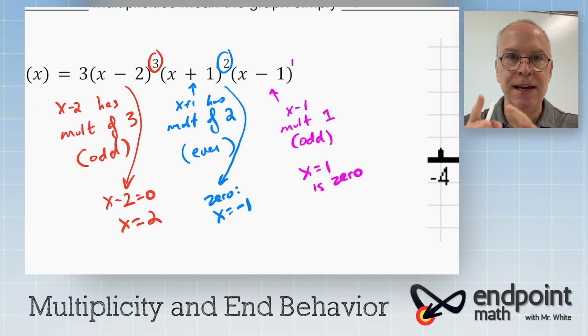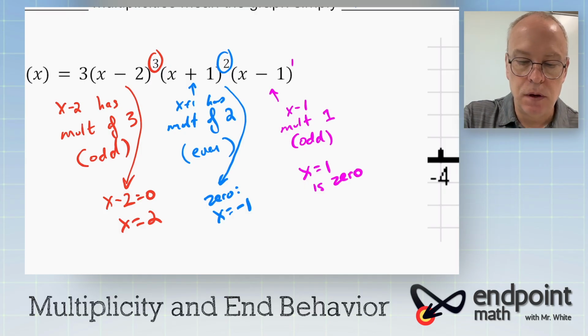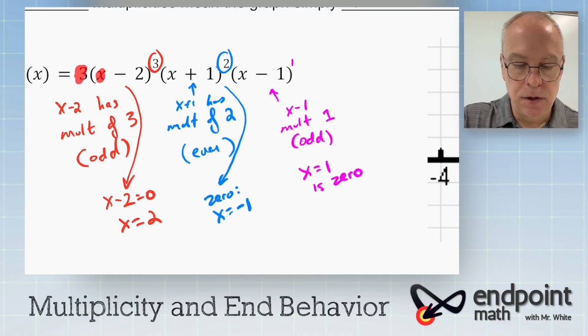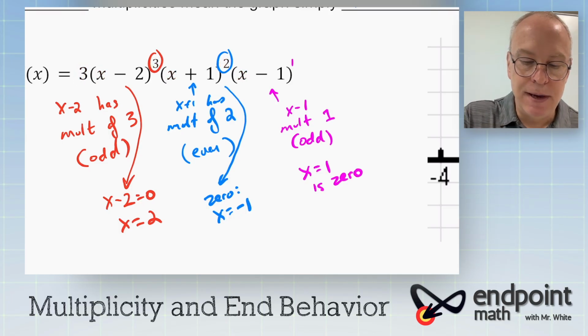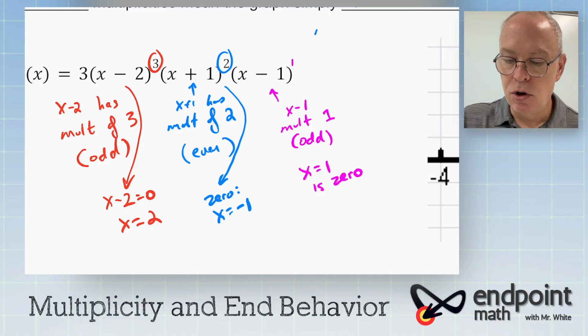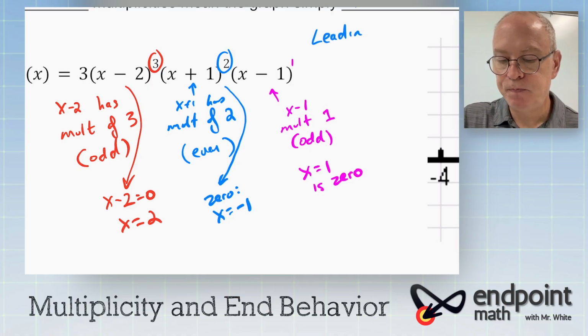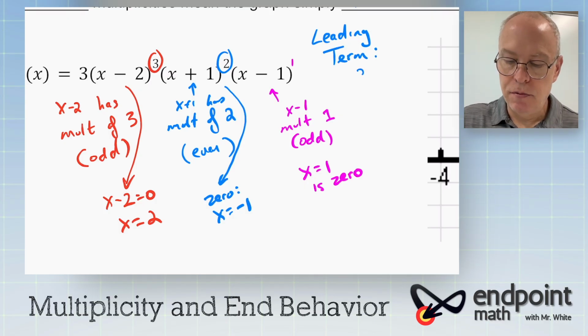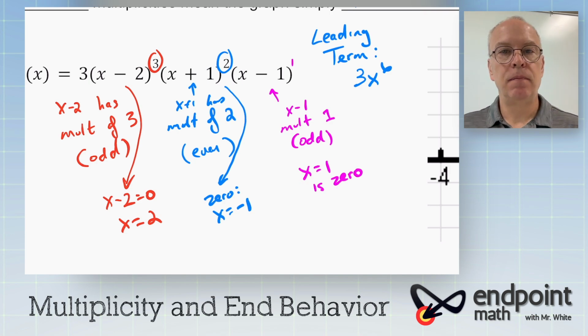It would be 3x to the third, x squared, and x, all multiplied. To me, that sounds like x to the sixth. So we call that the leading term. The leading term is 3x to the sixth.